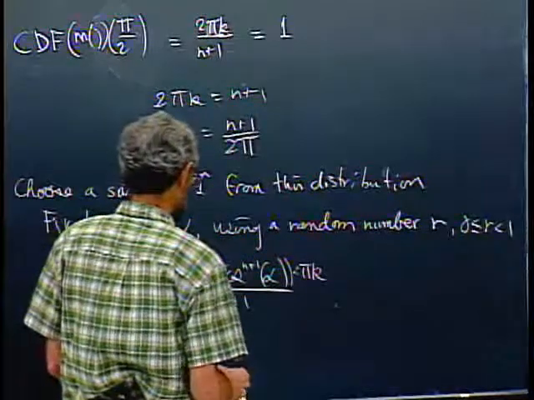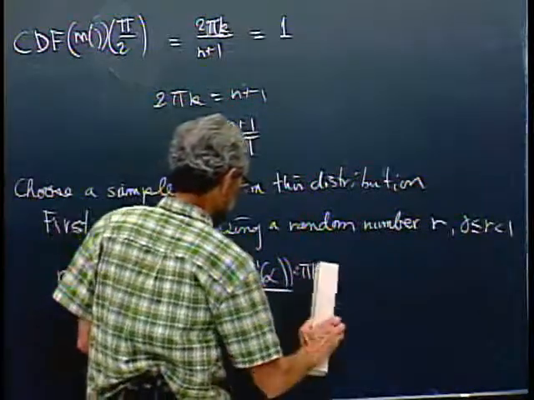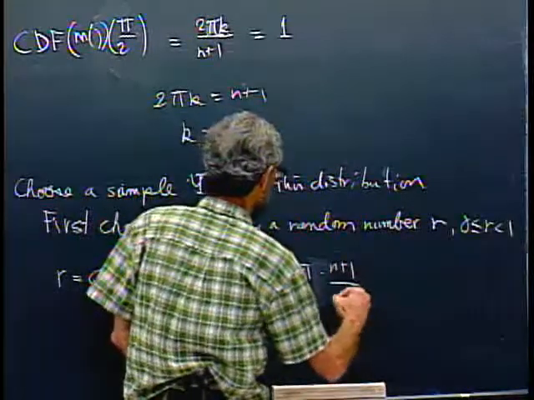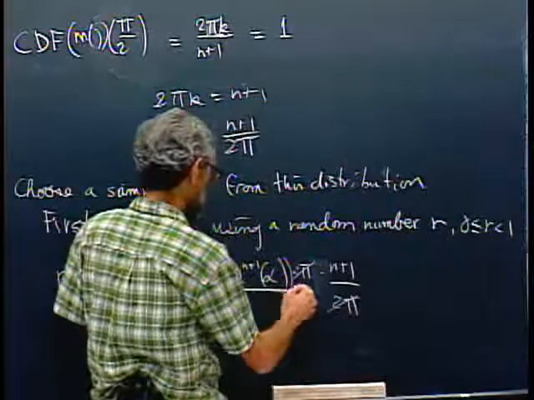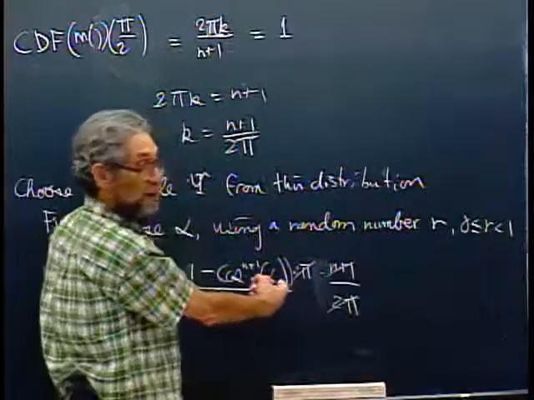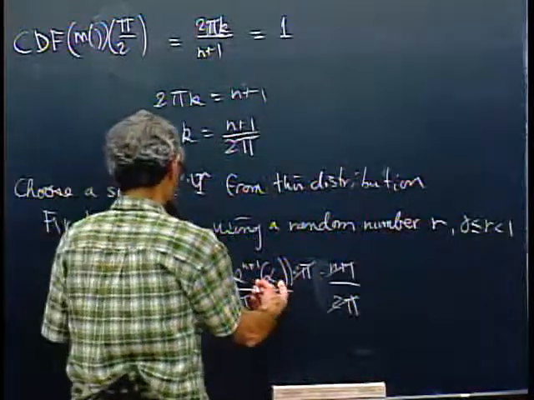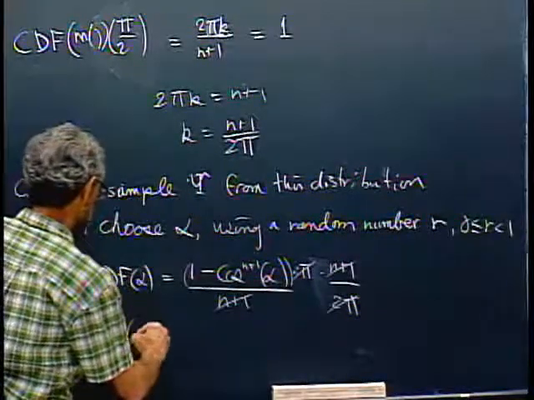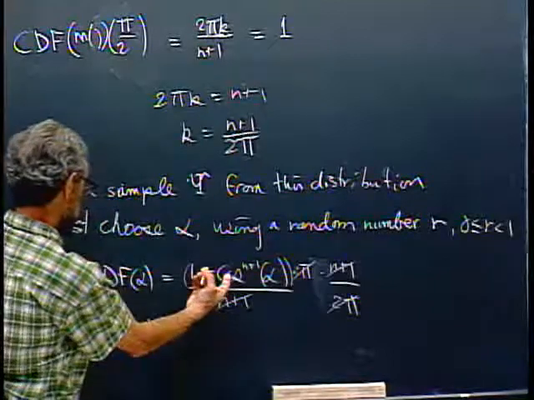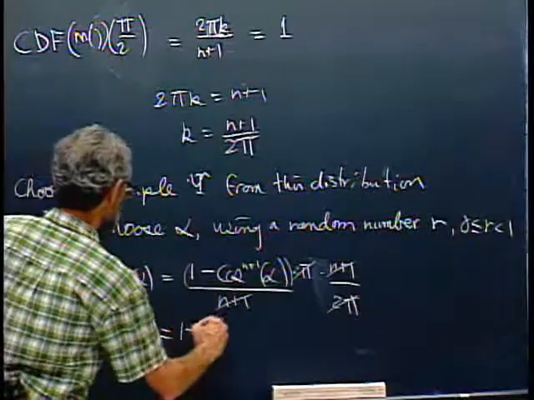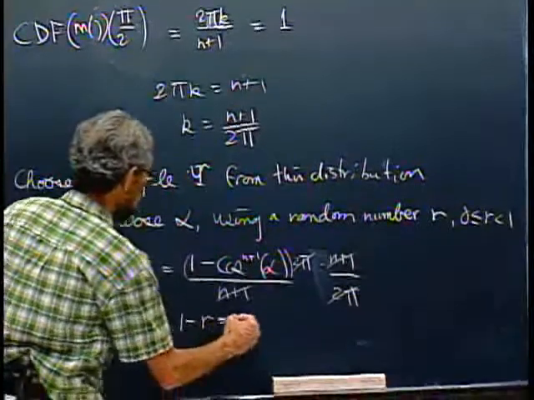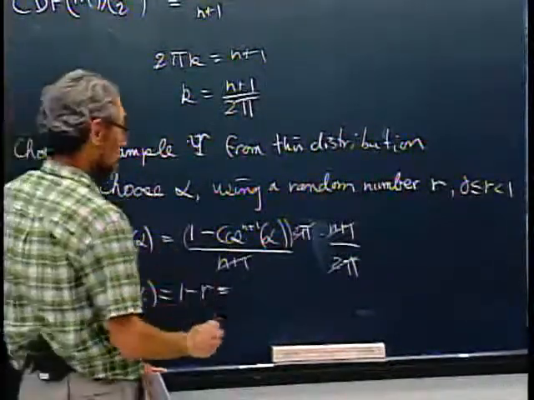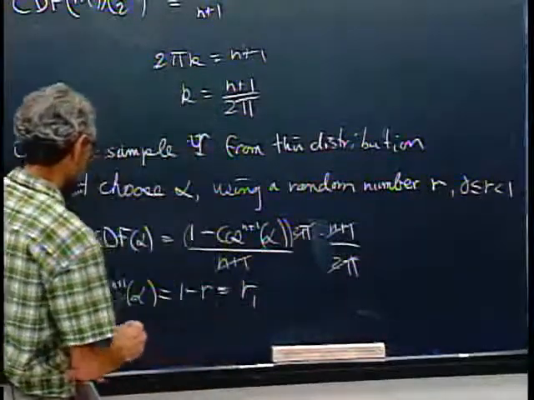And k was n plus 1 over 2 pi. They cancel. That's what we made them do. So it's just this. That's the random number generator. So cosine to the n plus 1 of alpha, if I bring that to the other side, I'm going to get 1 minus r. And if r is randomly distributed uniformly between 0 and 1, so is 1 minus r. So we can call this another random number generator.